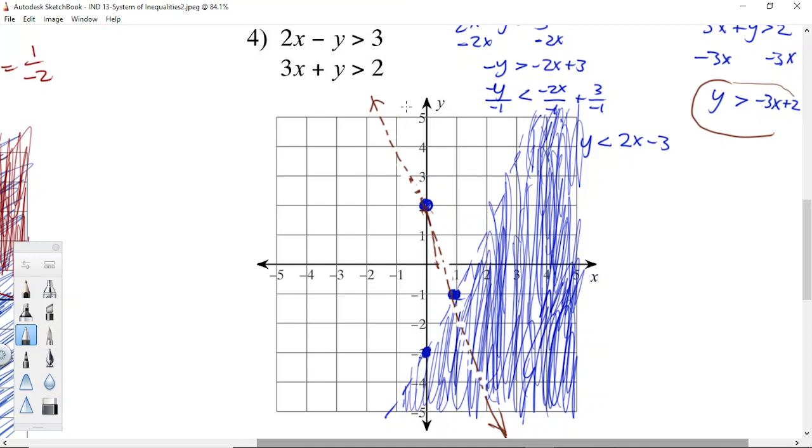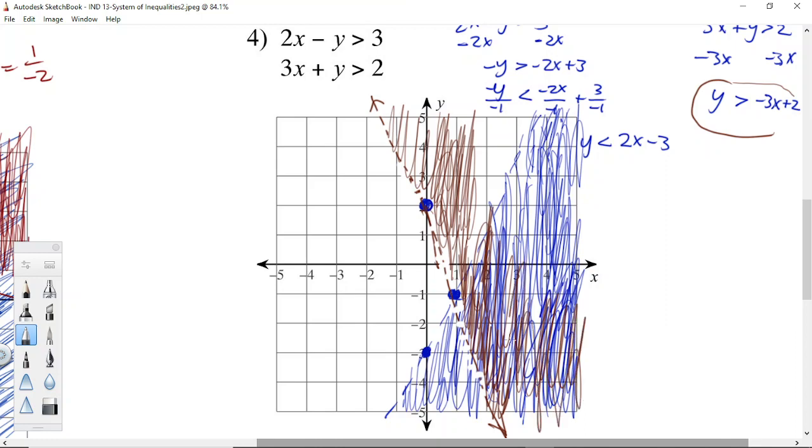So we shade above that line. Okay, so it's everywhere above the brown dashed line.